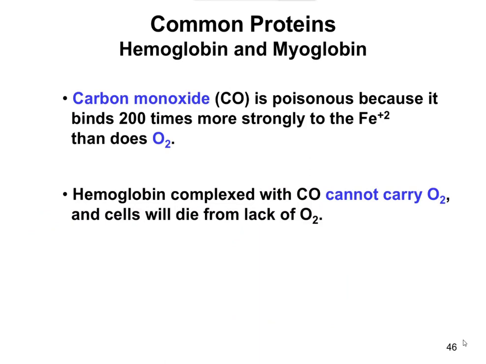So hemoglobin is a target for carbon monoxide. Carbon monoxide poisoning can occur when carbon monoxide binds to your hemoglobin. I'm going to abbreviate hemoglobin as Hb down here on the bottom. Hemoglobin can bind oxygen, but hemoglobin can also be bound by carbon monoxide.